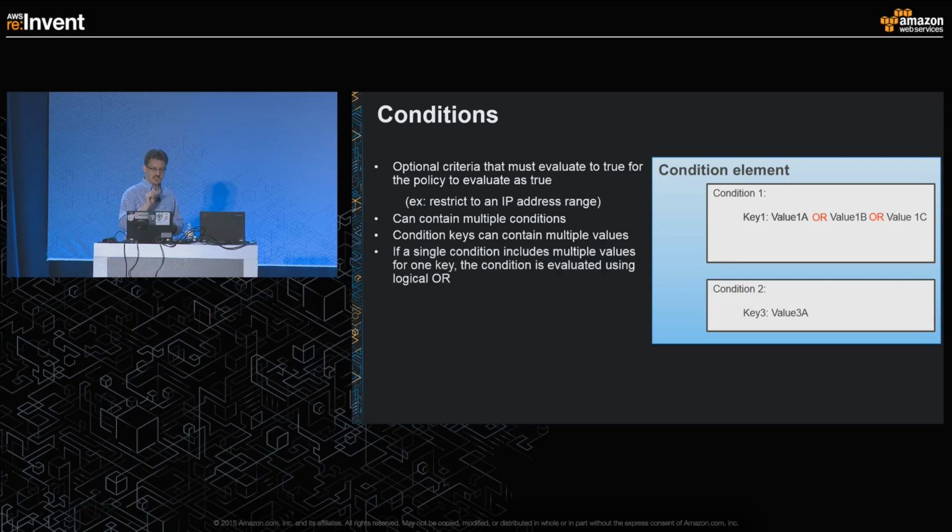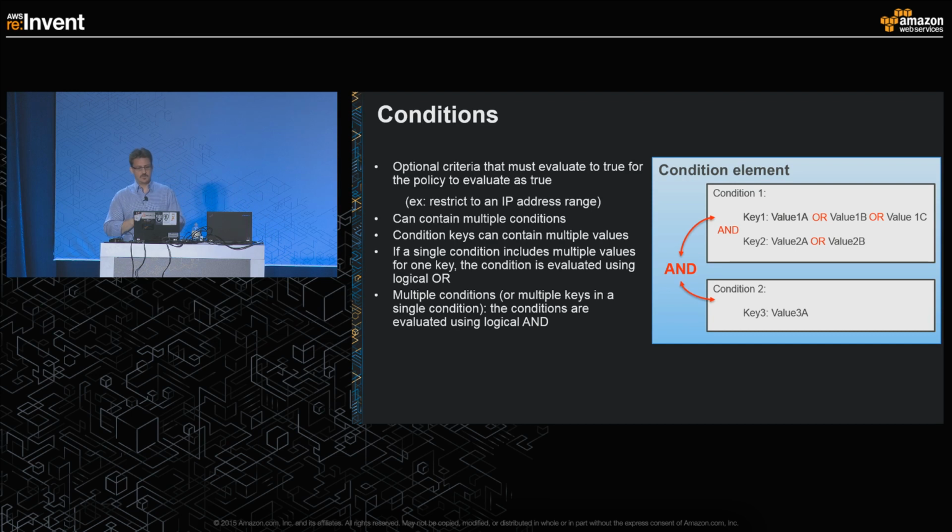The key here is if you have a single condition, and that condition includes multiple values like condition 1 does, those values are evaluated using logical OR. That one statement says that key 1 must be one of those 3 values. However, you can also have multiple keys in a single condition, and in those cases, the conditions are evaluated using logical AND.